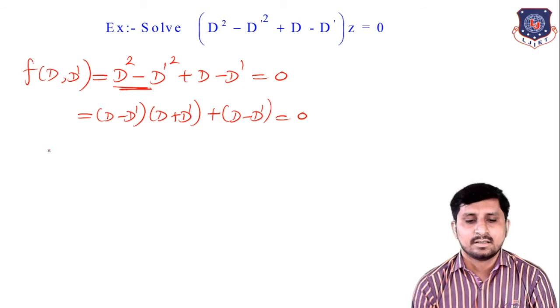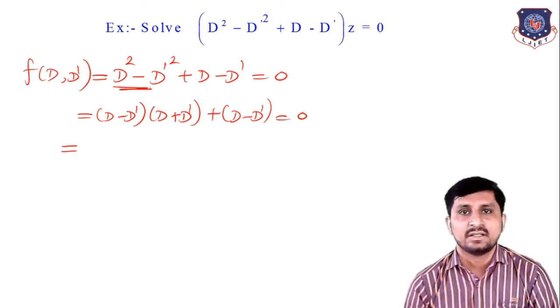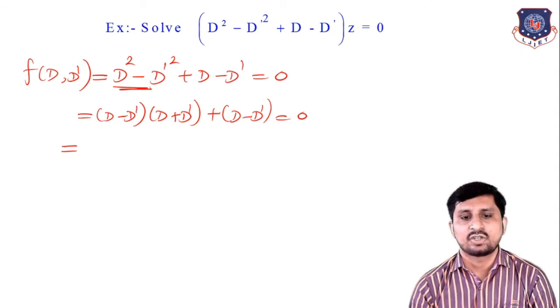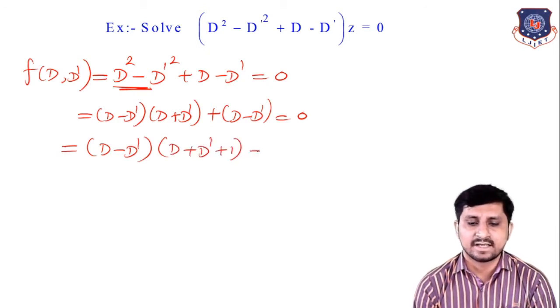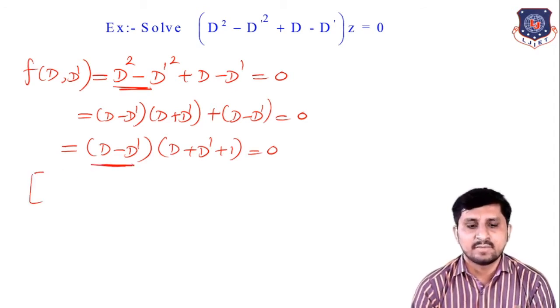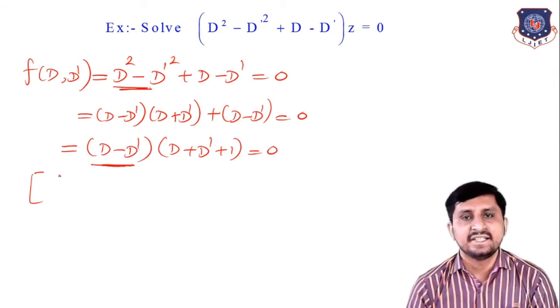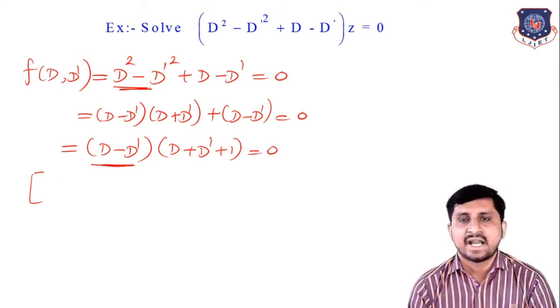So this can be expressed as a product of linear operators in the form of αD + βD' + γ. Let's see, D − D' is a common term. So now we have (D − D')(D + D' + 1) equal to 0. Now for the first linear factor, call it α1, β1, γ1, and for the second linear factor, call it α2, β2, γ2.